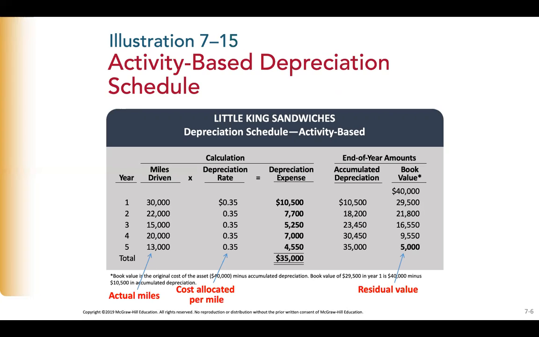In either case, we need to depreciate the asset until the book value declines to residual value. So whether it takes you 4 years or it takes you 7 years, the years are irrelevant. We're worried about miles driven. So we want to depreciate the vehicle until actual miles equals the estimated number of miles driven.